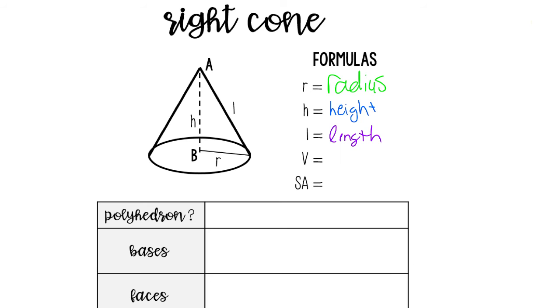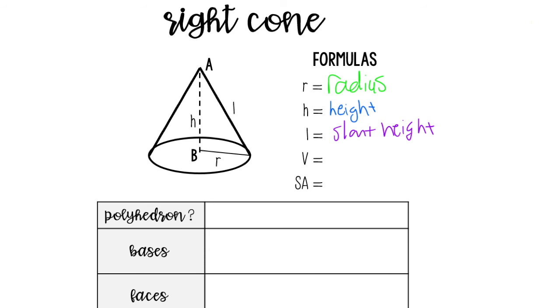Or actually, I don't want length because it's not going to make any sense in this particular case. It is slant height, which you can see is the length from the base of the cone to the tippy top.